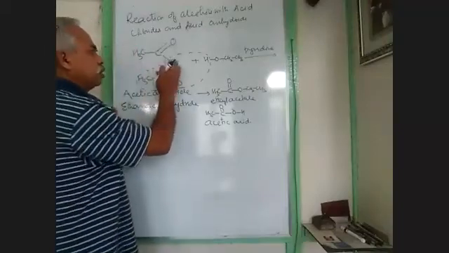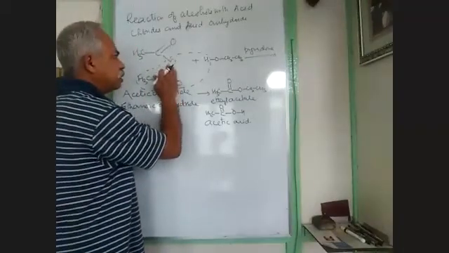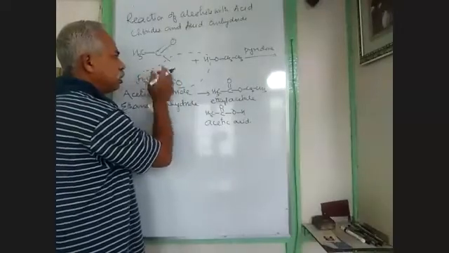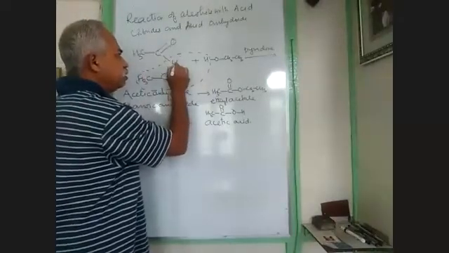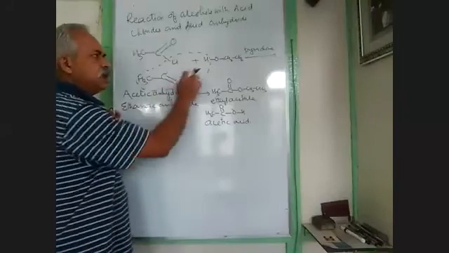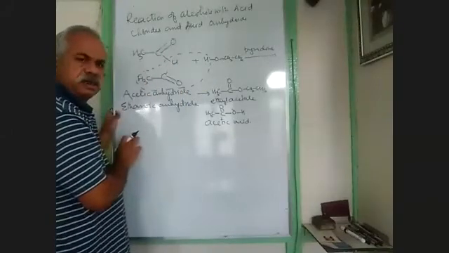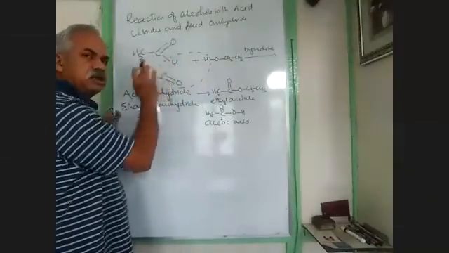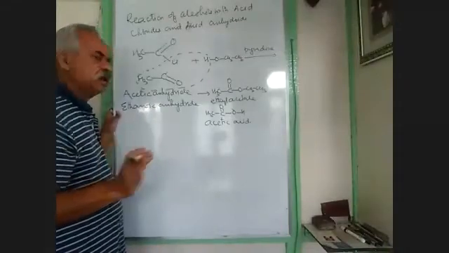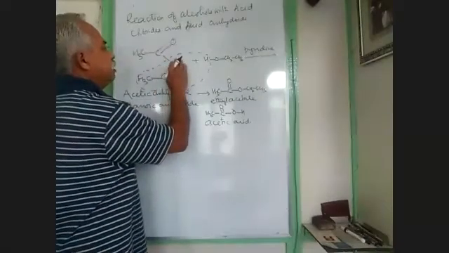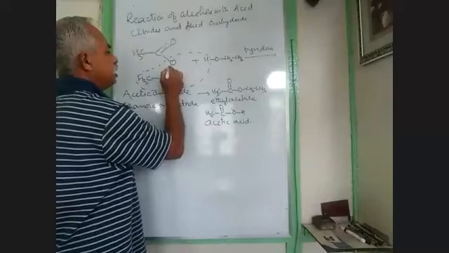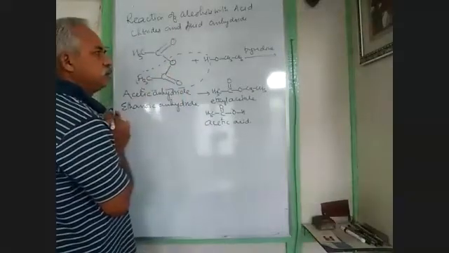Earlier, now you just forget about this. Lower part you forget. This one you understood? H and Cl went and oxygen got bonded here. So you could understand? Yes, sir. Now I'm replacing this by oxygen. What is going to happen now?